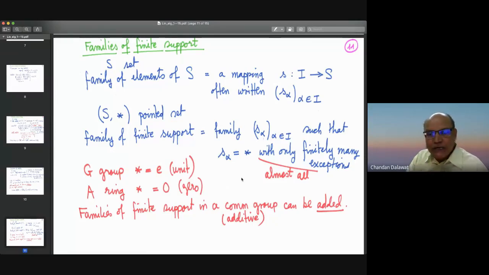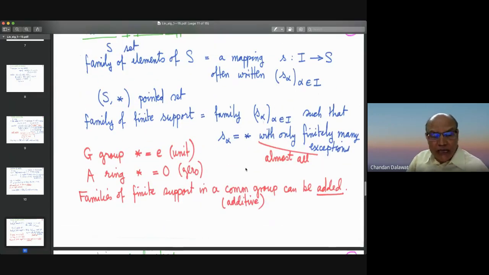So support is where your mapping is different from 0 in some sense. And finite support means there are only finitely many indices in I where S alpha is different from 0.